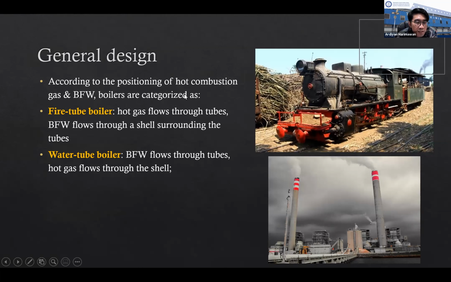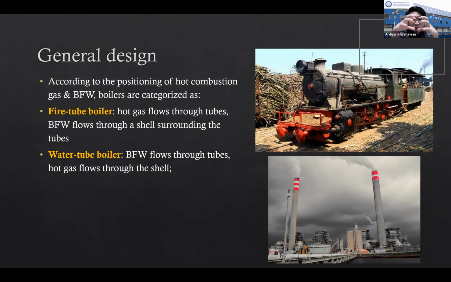According to the position of the hot combustion gas and the water, boilers can be categorized as a fire tube boiler. You can see from the name, fire tube boiler. It means the hot gas from the combustion, combustion is related to fire, right, flows in the tube. You can imagine a shell and tube.